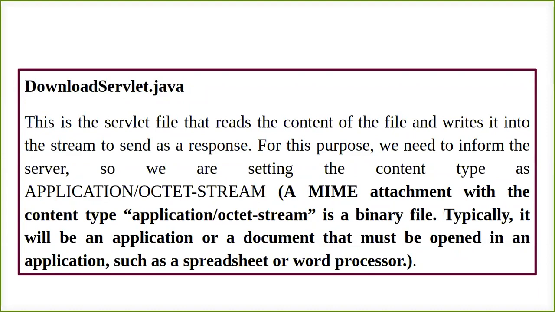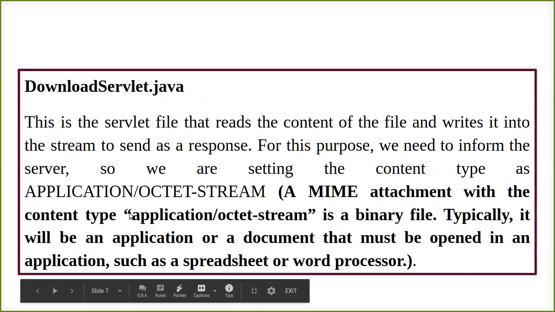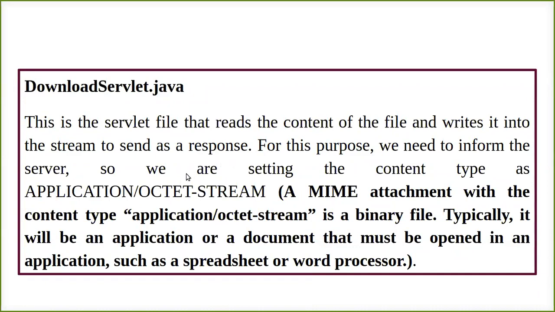The second thing is that you have to make the server understand, and inform the server, that you are setting the content type, that is, application slash octet hyphen stream. That means you are going to make use of a stream for reading and writing, or for request and response.